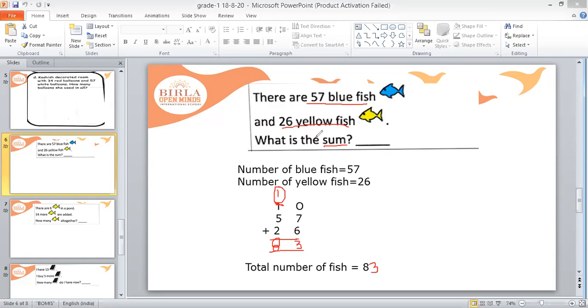Yes, Ashrita. Unmute yourself. Yeah, Ashrita. Ma'am, completed, ma'am. Okay, very good. Okay. Children, is there anyone who is still writing?